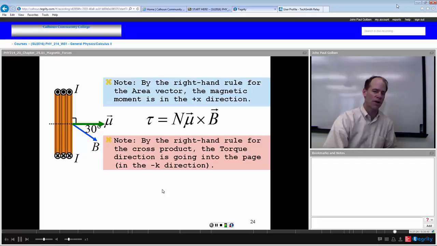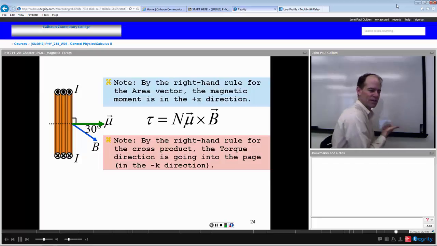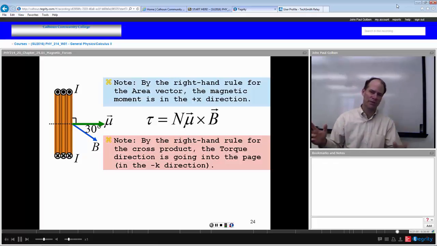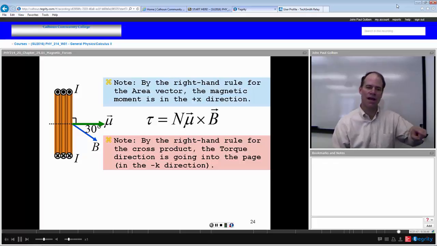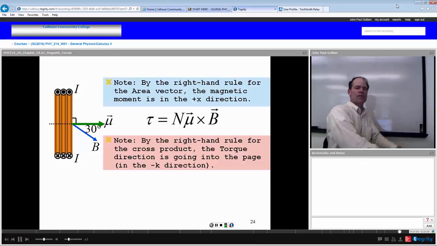And if you didn't want to think about all these right-hand rules, because there are 3 of them involved here, where we had to think of the area vector direction, the cross product, and then the torque rotational right-hand rule, what you could do in a problem like this is realize that if a coil has a magnetic moment and there's a magnetic field, the coil is going to want to align itself with the magnetic field in whatever way it can.